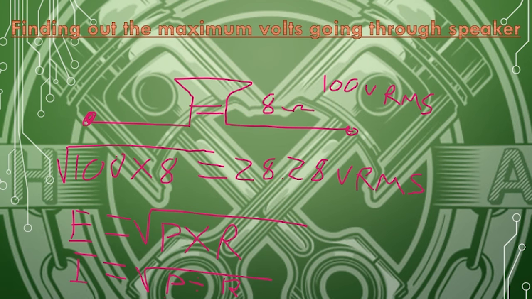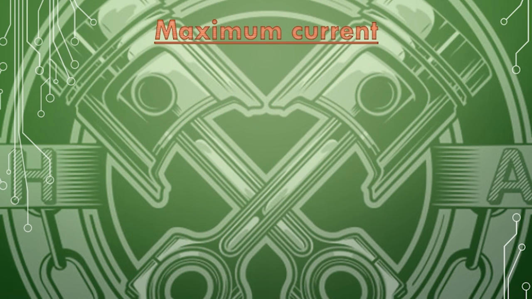Another thing that we are going to be working out for the speaker that we have just done is, for the final part of the video, guys, we are going to be working out the maximum current which is going to be going through that speaker. It is always best to be doing this as well, because if you are going to be fitting a speaker or an amp or a subwoofer or anything of the sort to your own vehicle, just to save yourself a little bit of money, if you do want to do it yourself, you do want to be making sure how many amps are going to be coming out of your alternator.